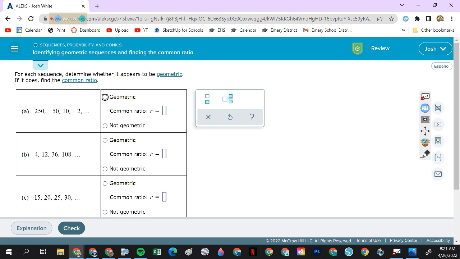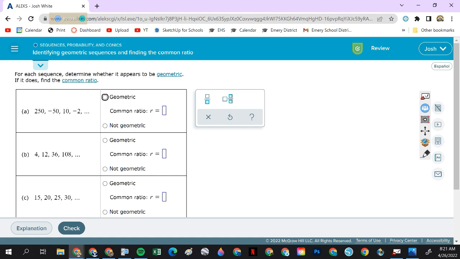9 times a third would be 3. Okay. Is this geometric? Well, it's alternating between positive and negative, which means I have to multiply by a negative. 250 times negative 1/5 is negative 50, times negative 1/5 is 10, times negative 1/5 is negative 2.